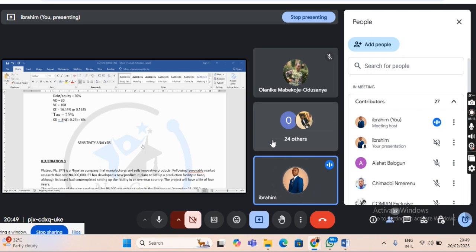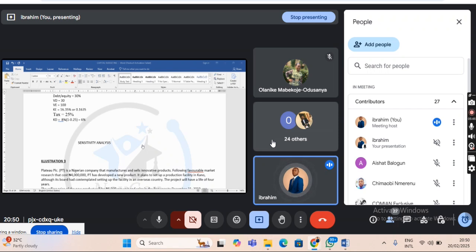Now, you have a sensitivity analysis of 20%. What it means is that you should not allow the contribution to fall more than that 20%, because contribution is like an income. It's the opposite of cost, right? When you are performing a sensitivity analysis on cost, it should not increase.